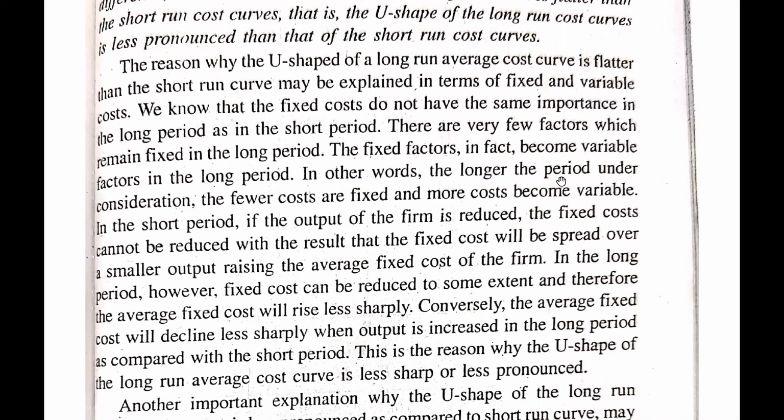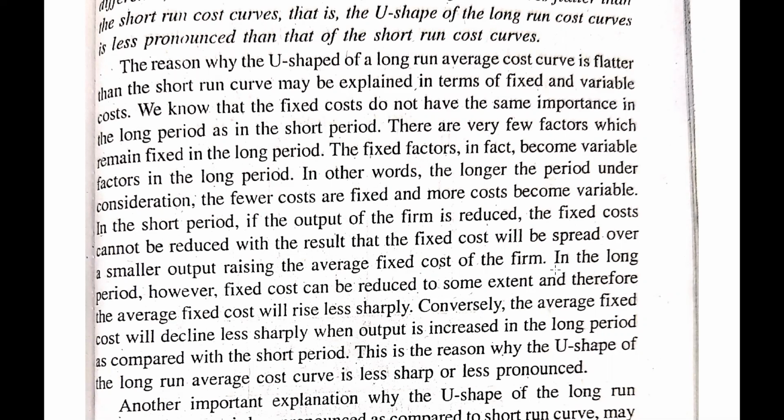In other words, the longer the period under consideration, the fewer costs are fixed and more costs are variable. So guys, if we talk about the long run, then the variable cost is always higher than the fixed cost because almost all factors of production will become variable in the long run. In the short period, if the output of the firm is reduced, the fixed cost cannot be reduced, with the result that the fixed cost will be spread over the smaller output, raising the average fixed cost of the firm.